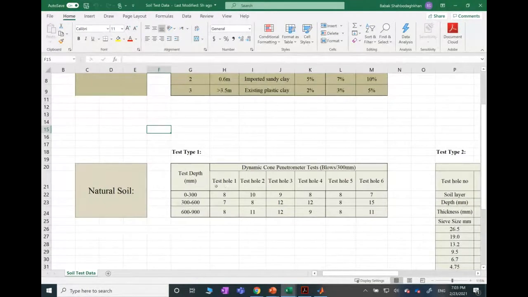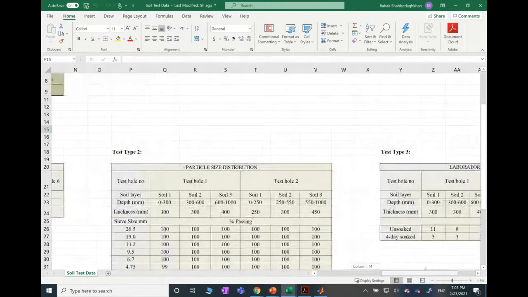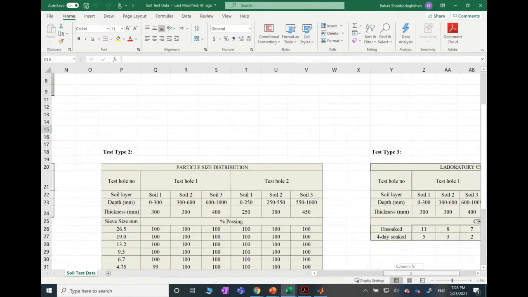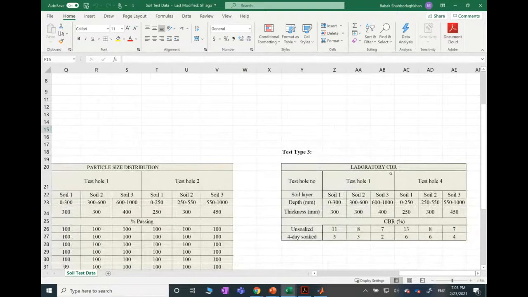From that field test, from borehole 1, we took a sample, right? We brought it to the laboratory. We conducted the particle size distribution test, sieve analysis, as well as the CBR test. So you look at here, the tests are laboratory CBR. We took a sample from borehole 1, brought it here and conducted sieve analysis as well as the CBR test. All right, so let's have a break for 5 minutes, and after that, I'm going to talk about design traffic.